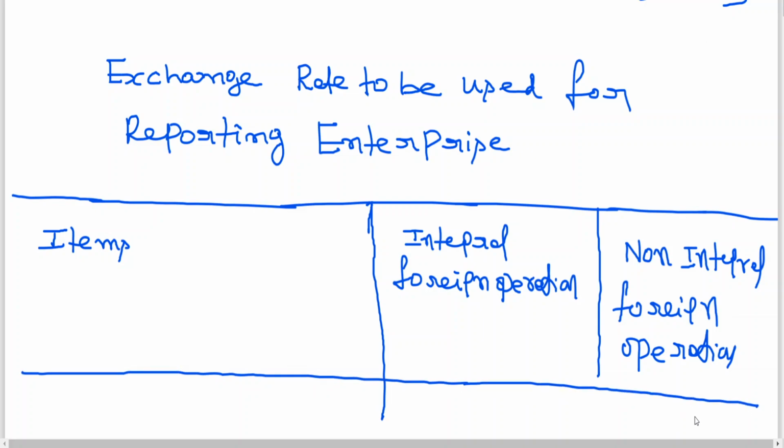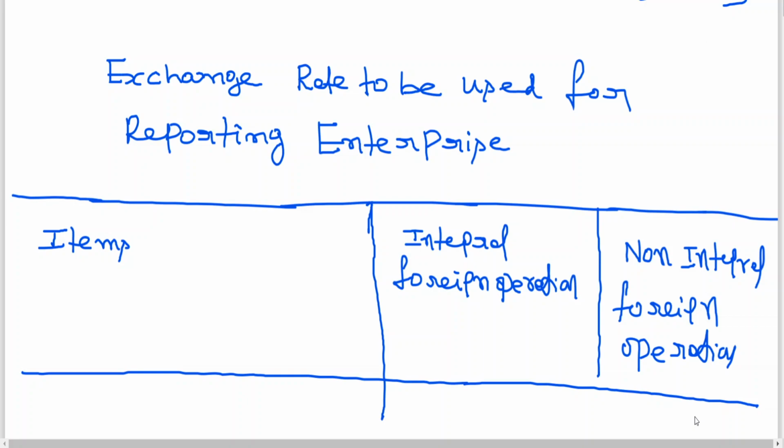For this, the rates have been classified as closing rate, opening rate, actual exchange rate, and average rate. So four terms you should remember: opening rate, closing rate, actual exchange rate, average rate.